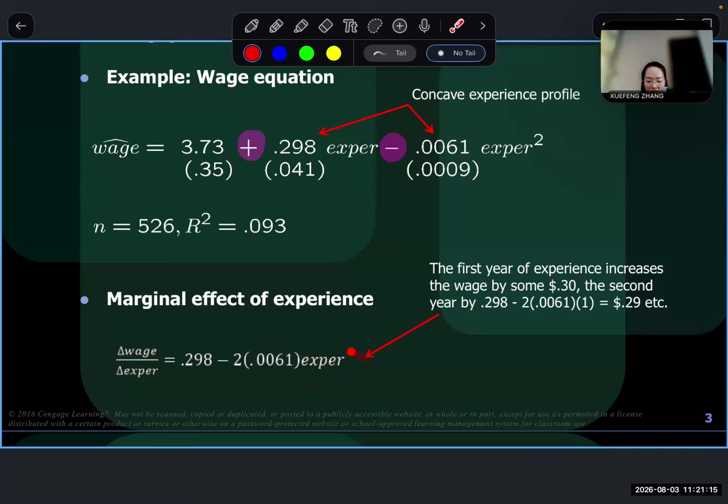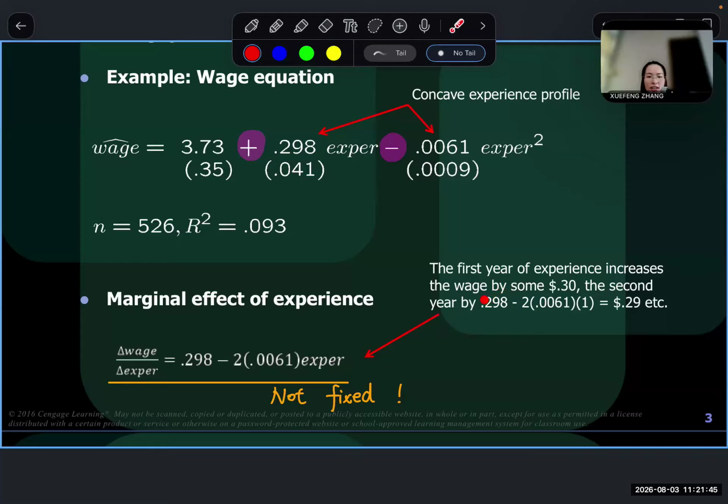Here it's not one fixed number anymore. It depends on where you are, because we have the experience variable here, which means how much experience you already have, right?